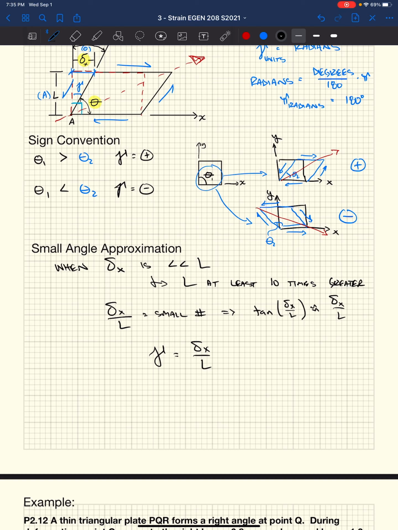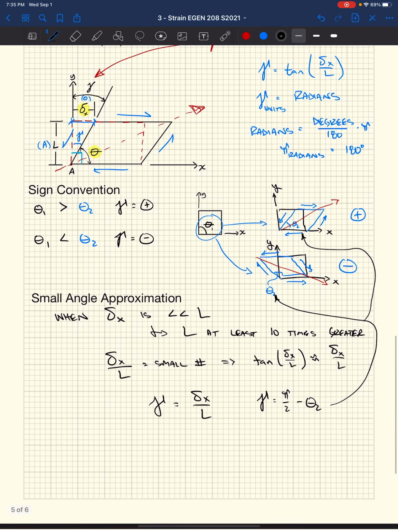Trying to see here. They tell me we also have gamma equals pi over 2 minus theta 2, this being theta 2. Essentially saying 90 degrees minus theta 2, and that's because we have complementary angles.